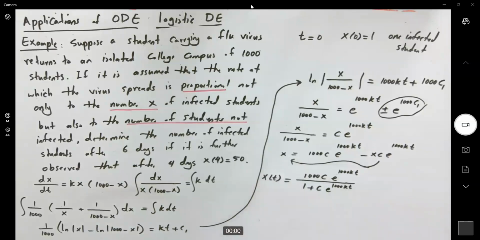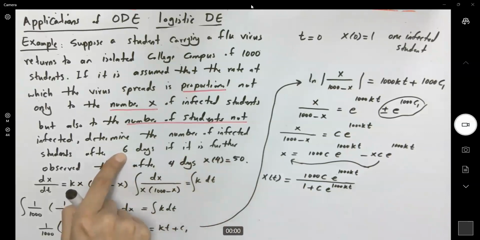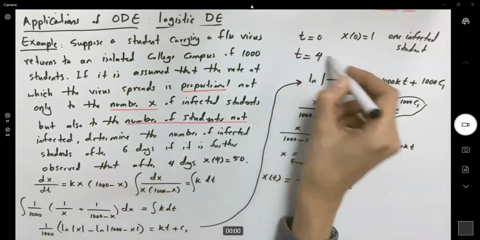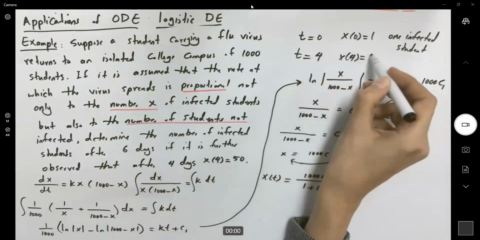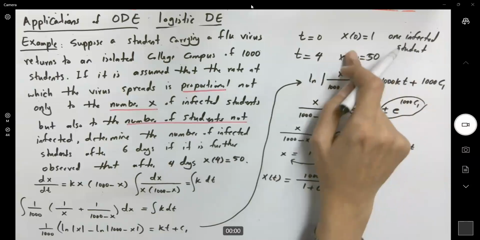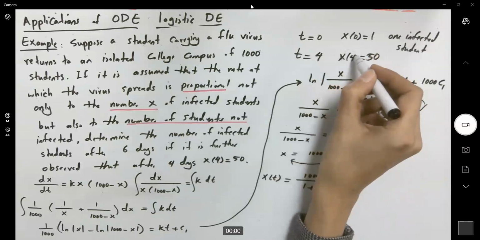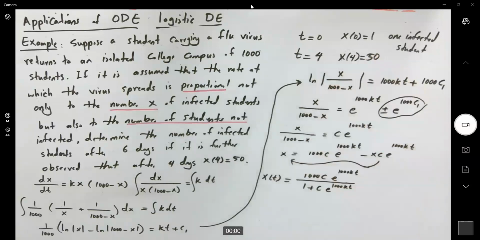We found the general solution. The question says, after 4 days, we have 50 infected students. What is the number of infected students after 6 days? So when t is equal to 4, x of 4 is 50. This is the information that we have. We're going to use this information to find the number of infected students after 6 days.